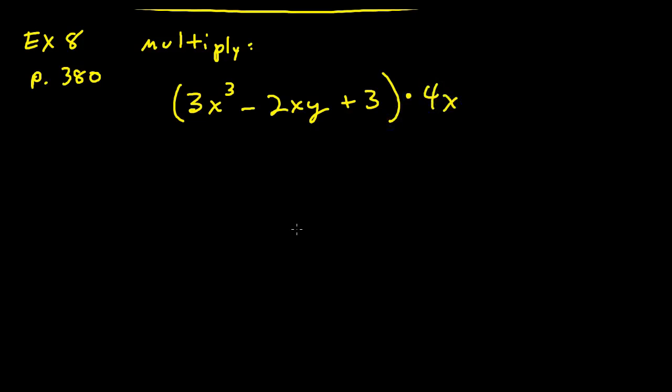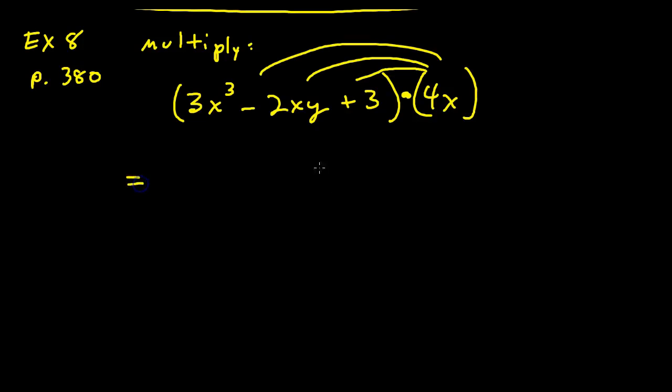Well, you can multiply left to right or right to left, however you prefer. I would probably look at this 4x and say, well, I've got a multiplication here, and I'm going to distribute that factor of 4x across all three terms in that trinomial expression. All right? 4x times 3x cubed is going to be 12x to the fourth power.